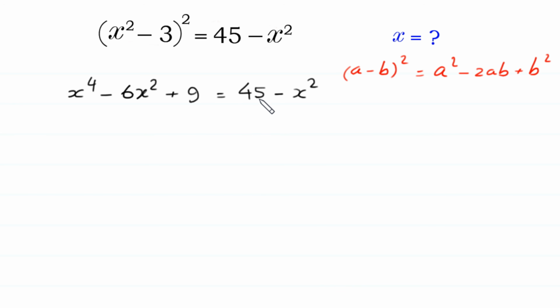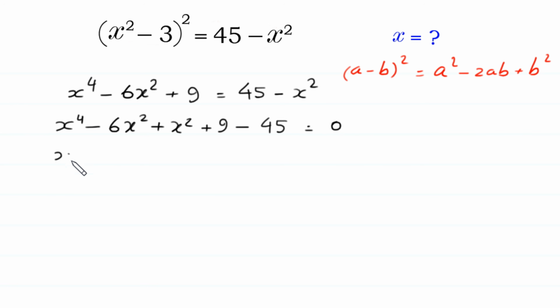Now we move this 45 and this negative x squared to the left side. x to the power 4 minus 6x squared. This negative x squared becomes plus x squared, then plus this 9, and this positive 45 becomes negative 45 at the left side, is equal to 0.